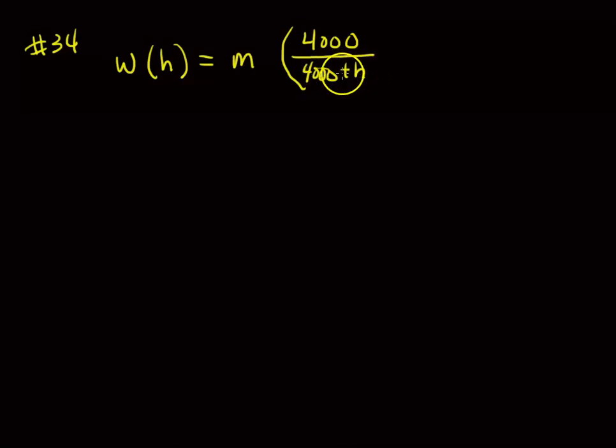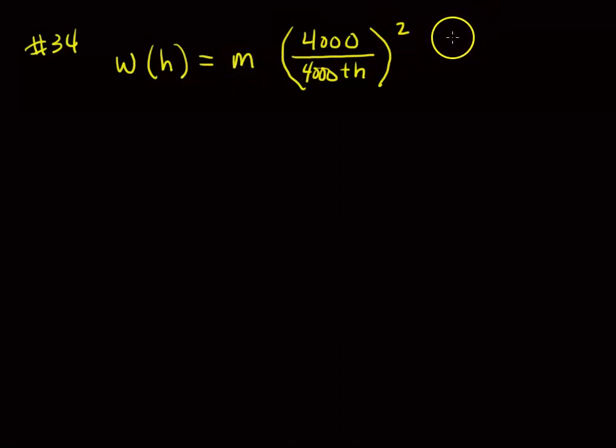So if h is sea level, then I guess that would be 0, and this would be times 1. Sort of makes sense. Interesting. So that would be 1 squared times your weight at sea level.